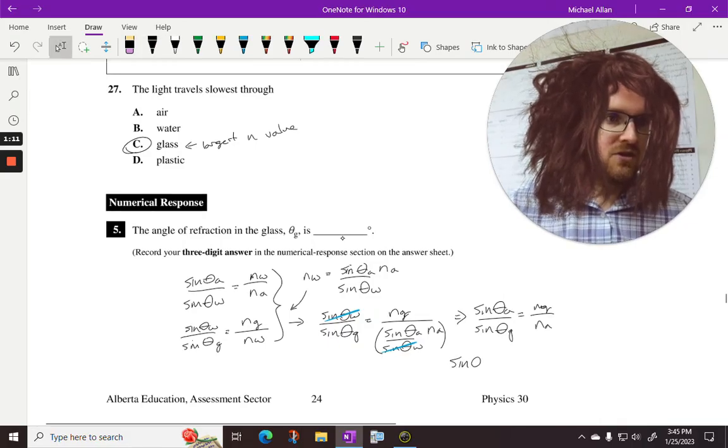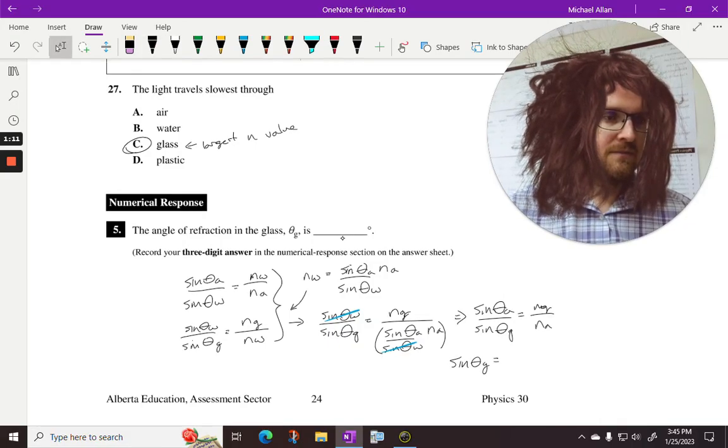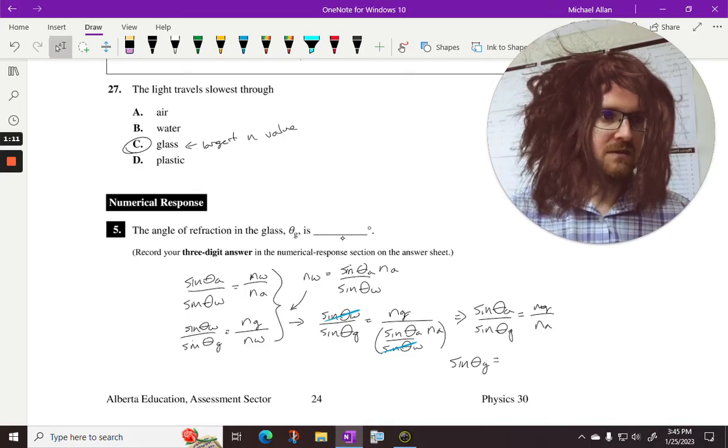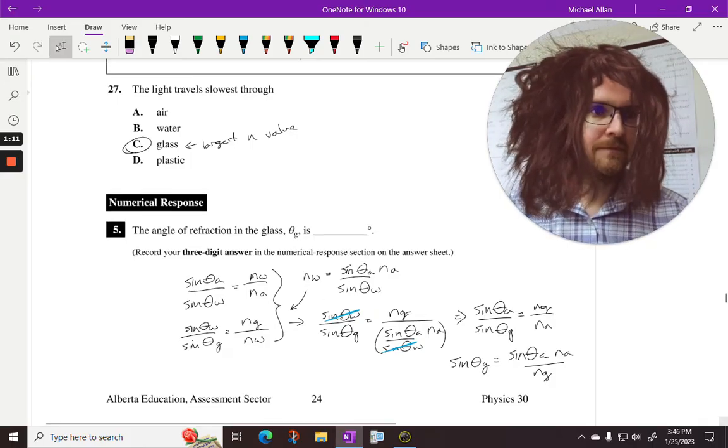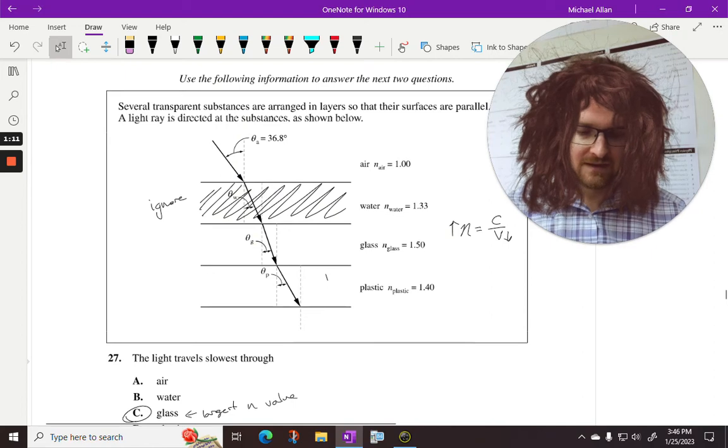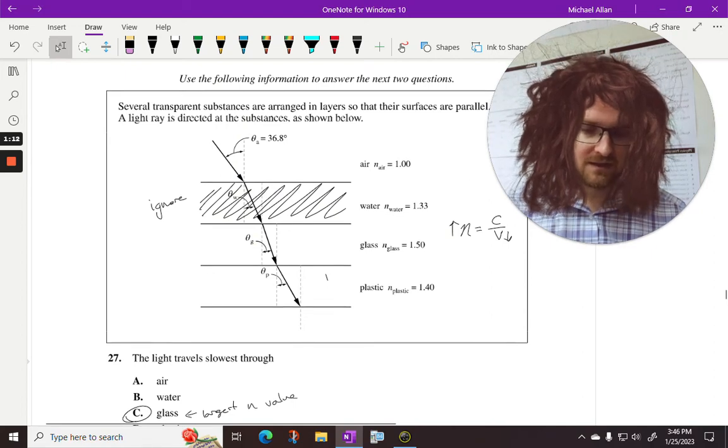Now if I plug it into there to find out what theta G is. So sine theta G is going to be, we're going to swap those, so we'll get sine theta A times NA divided by NG. Okay, so I'm just going to type my numbers in now. Sine 36.8 divided by 1.5 times by 1.